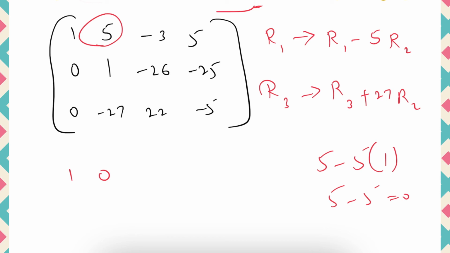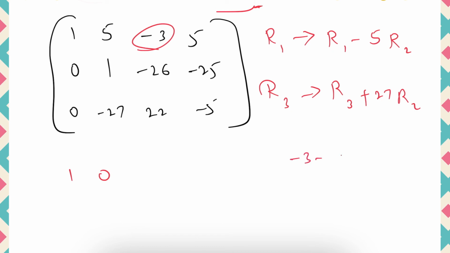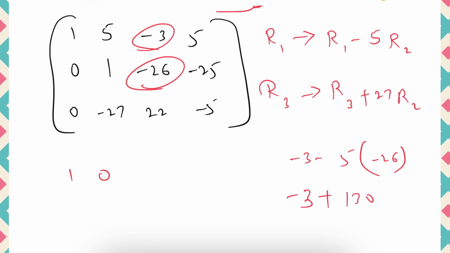Next, the same way, third element, R1 minus 5 into R2. So minus 3 as it is, minus into minus, plus 5 into 26. It is 130. So then minus 3 plus 130, it will become 127. Okay, now last element.